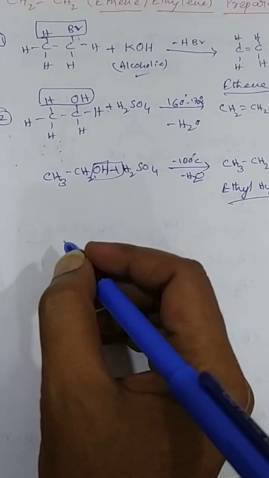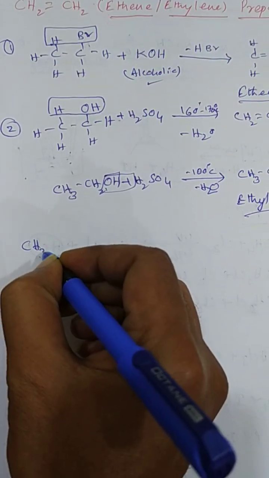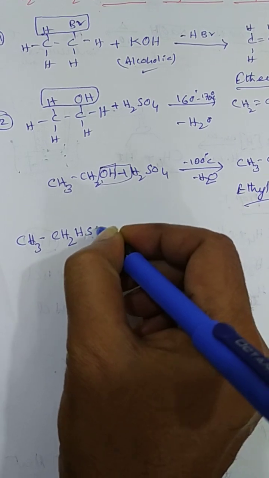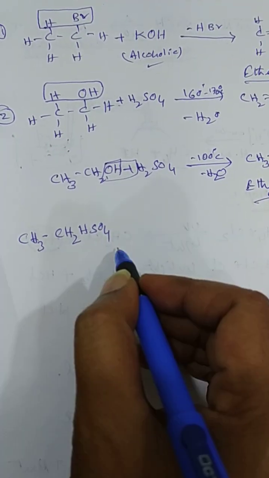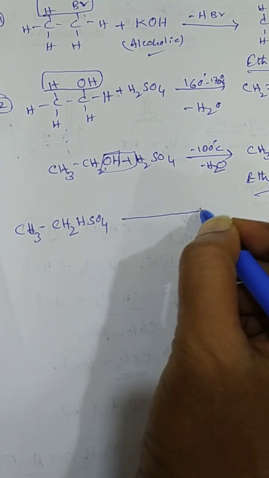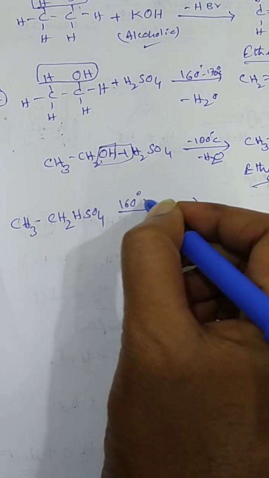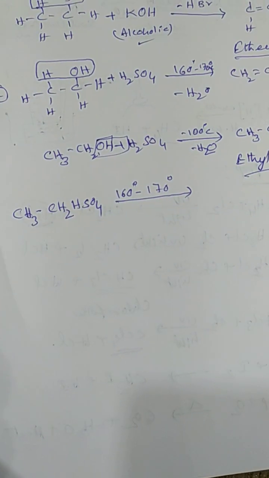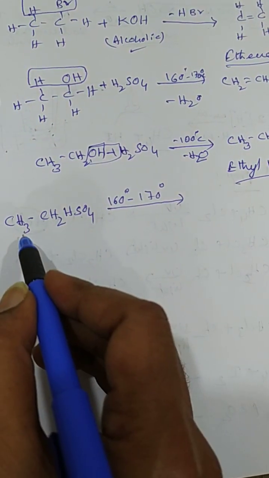This ethyl hydrogen sulfate, that means CH3 CH2 HSO4, while it is heated now to 160 to 170 degrees centigrade, will eliminate one water molecule.